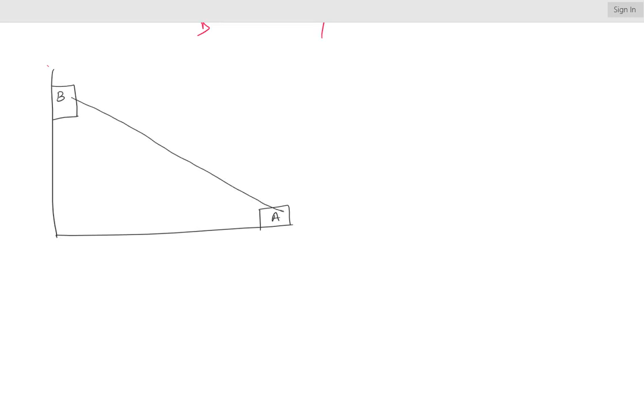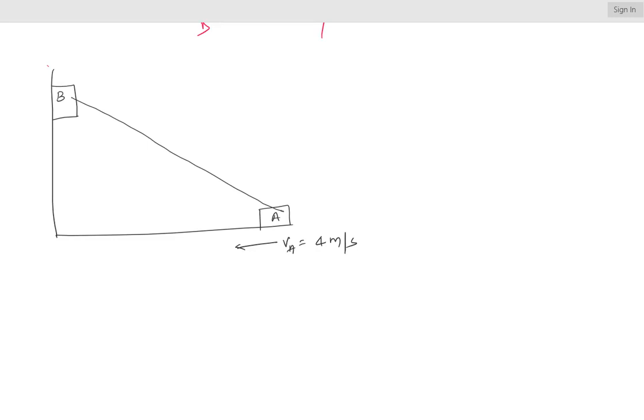Okay. And what else? What is given is that block A has a velocity of 4 meters per second. Everything that is given, I'm going to write that in black.